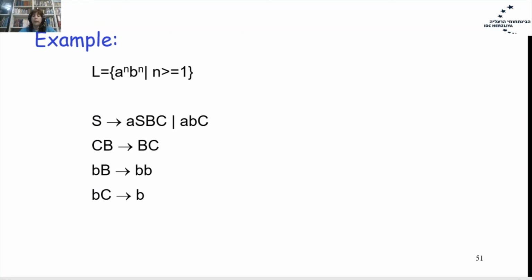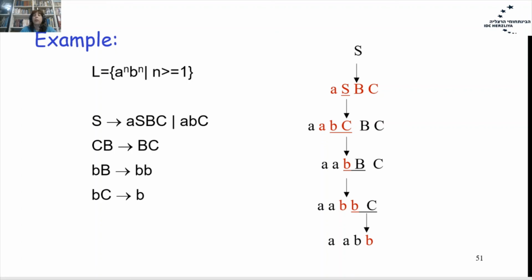So let's see the following parse tree and let's derive the string a to the power of 2, b to the power of 2. So we will use the first rule and S will derive a S b C. And then we will use the third rule and we will replace aS with its right-hand side abC.